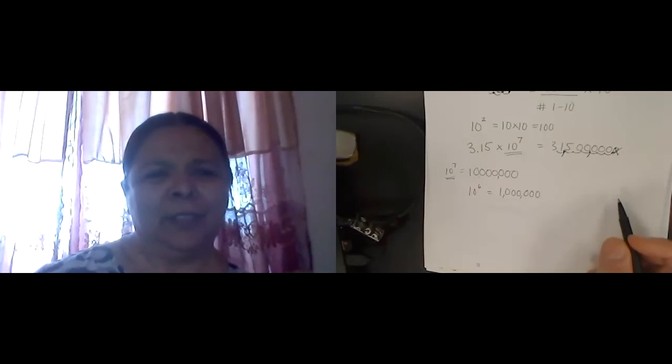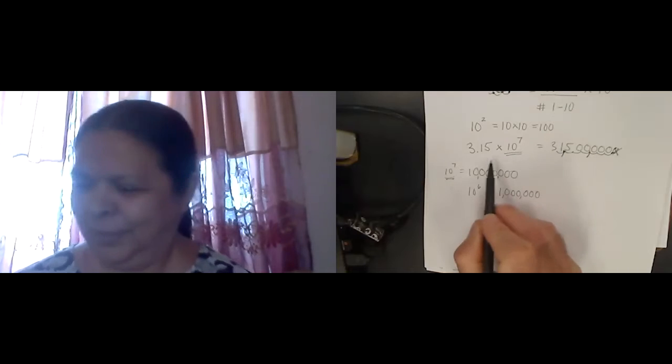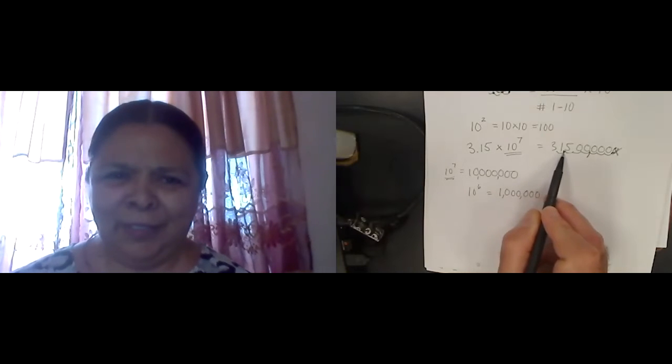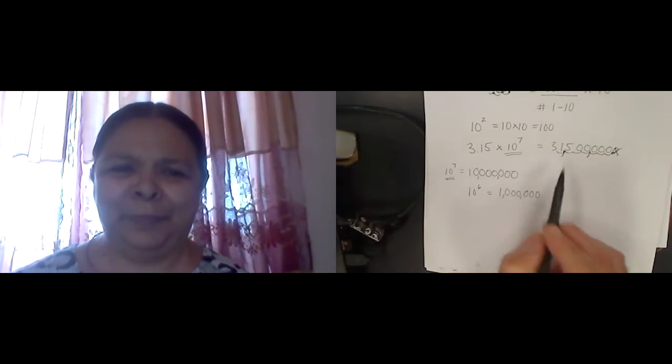Remember, what is 10 to the 7th? 10 million. So when you take 3 times 10 million, what do you get? You get 30 million, right? So 3.15 times 10 million is 31,500,000. So you see how we did that?